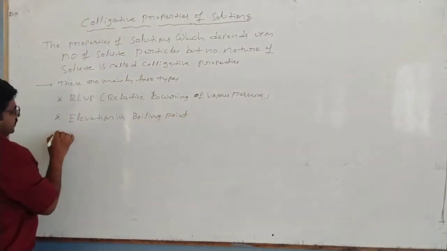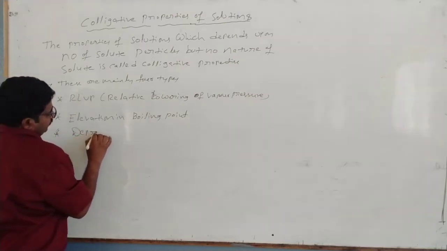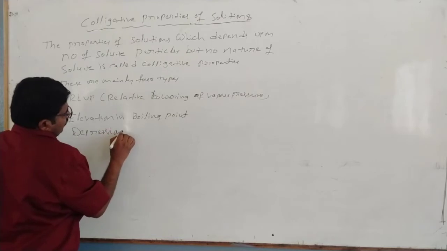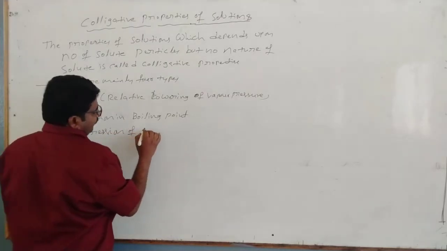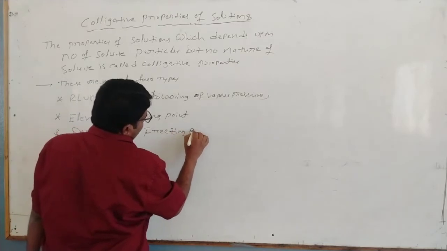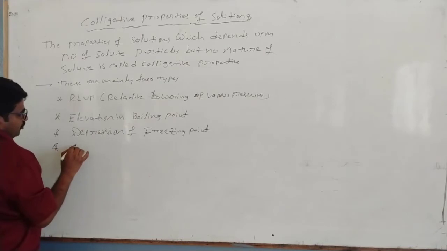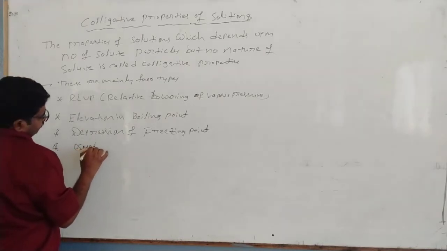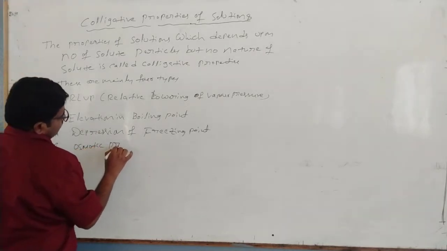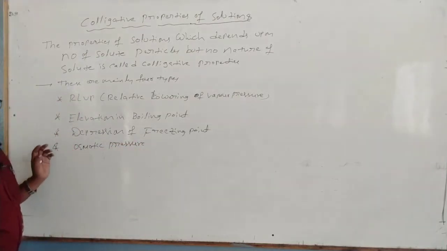Third one is depression of freezing point. And fourth one is osmotic pressure. These are the four important colligative properties.